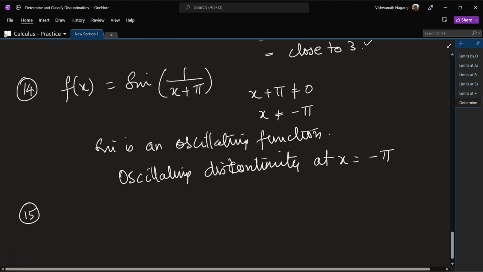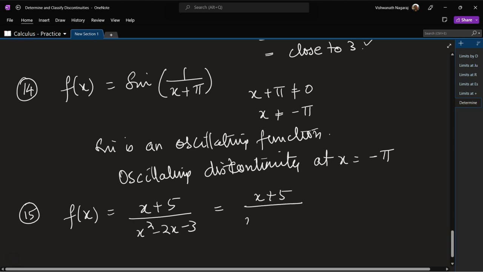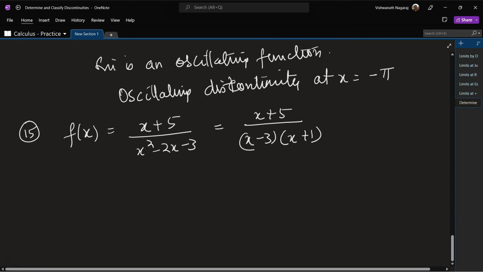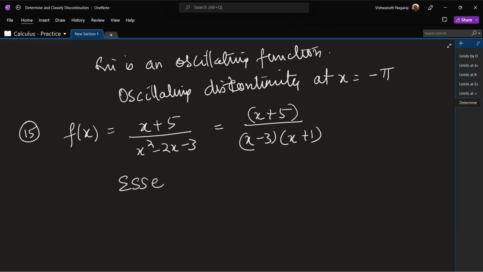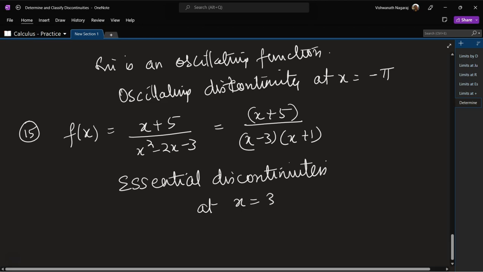Okay, 15th one, f of x is equal to (x plus 5) by (x square minus 2x minus 3), which can be written as (x plus 5) by (x minus 3)(x plus 1). Here, there is no cancellation, right? So that means there are essential discontinuities at x equal to 3 and x equal to minus 1.